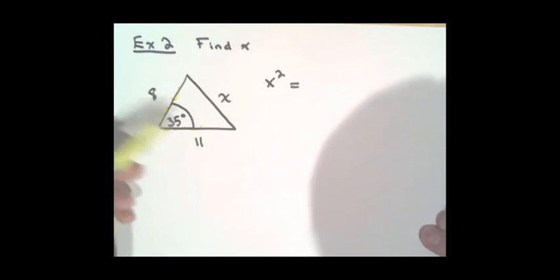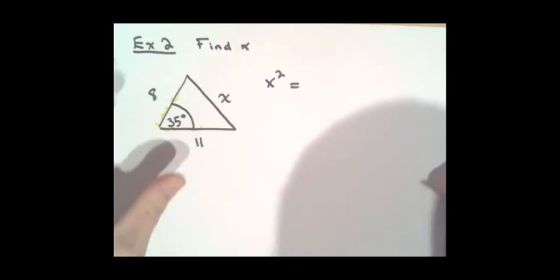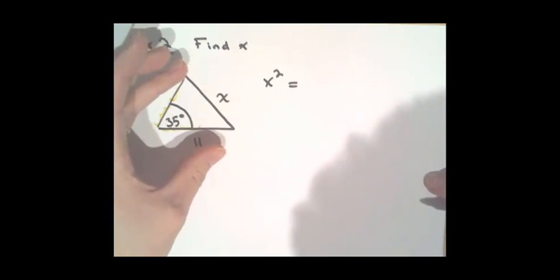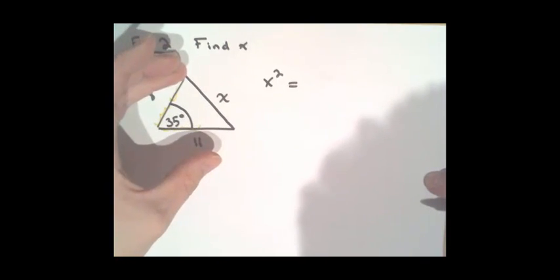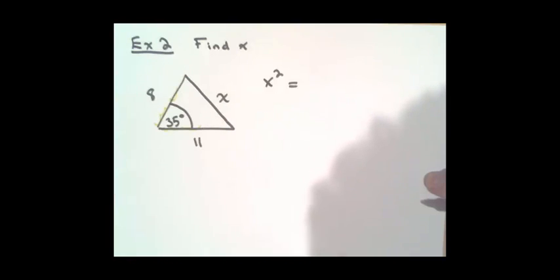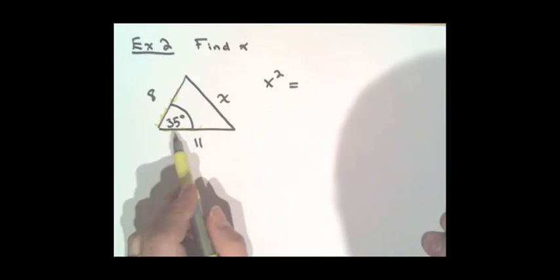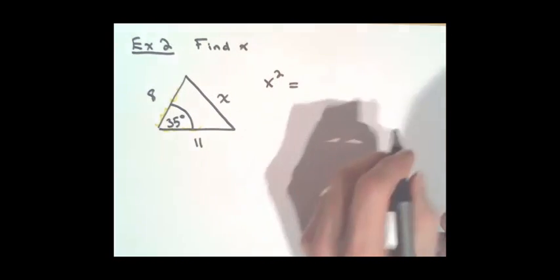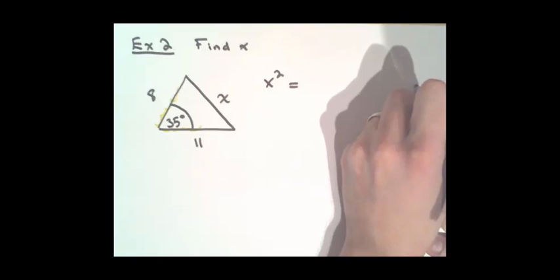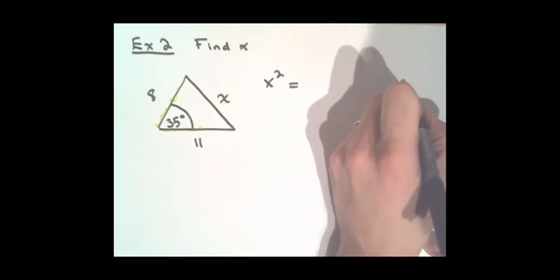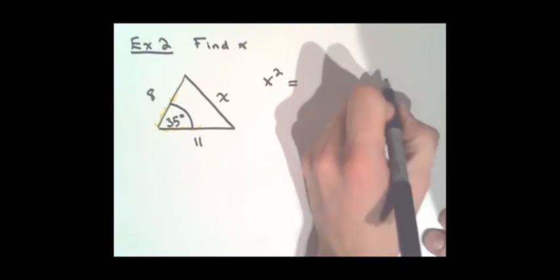Look for that sandwiching of the angle. It's almost like the angle's sandwiched by 8 and 11, and you're off to go and get x opposite that. So now we can say that 35 is our angle we're going to cos, so it's one of the last steps. Over here I'll be writing cos 35 degrees.